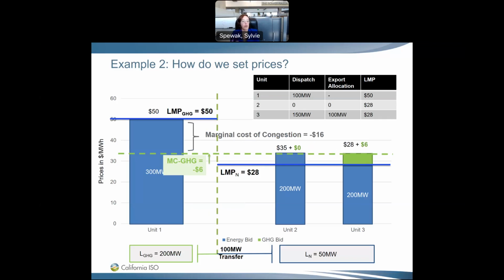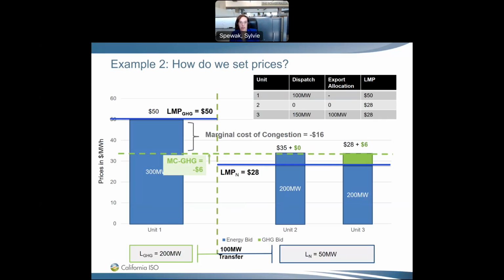So you can go through the motions of figuring out what the marginal cost of GHG is by reducing the export allocation from 100 to 99, but we can also once again see it visually here, where the marginal unit for both the GHG and the non-GHG area in the non-GHG area is Unit 3.